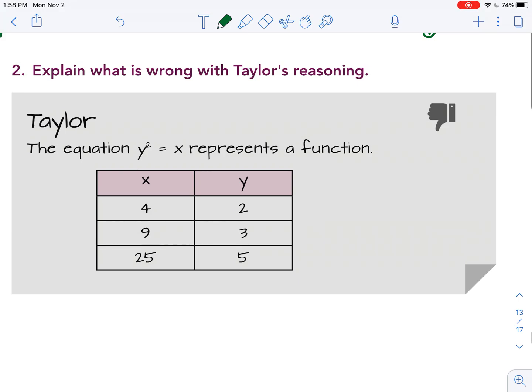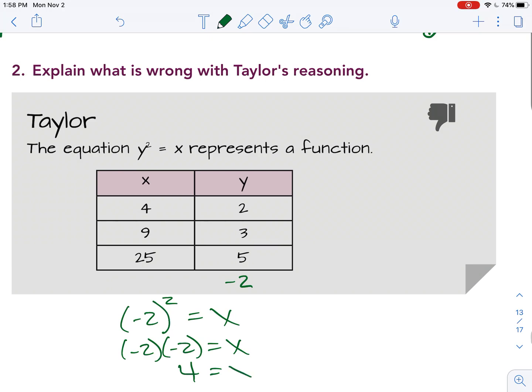So let's plug in -2 for the y value. If I did that, that would be -2 squared equals x. So that's -2 times -2. So that's going to get 4 equals x.